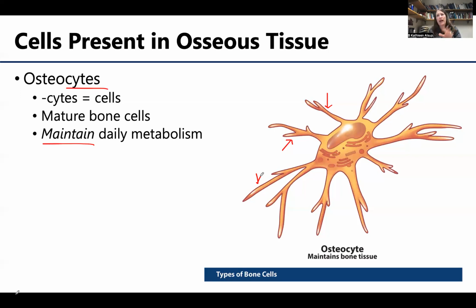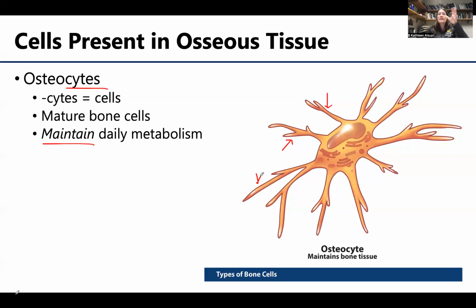So when you look at a textbook definition of an osteocyte, you really see the maintenance of the daily metabolism. But I do want to point out some more recent research focusing on the role of the osteocytes as a strain sensor.